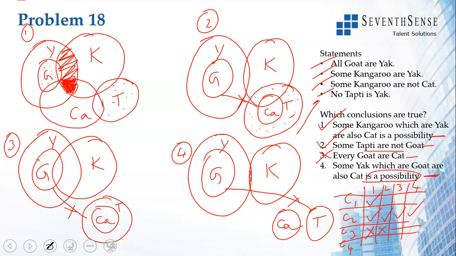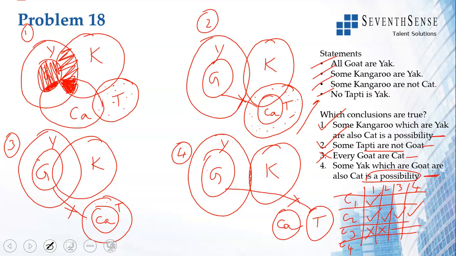Let us look at the fourth conclusion. Some yak which are goat are also cat. So the area where yak and goat overlap, is it also cat? If you see some yak which are also goat, this is this area. Some yak which are goat are also cat. So if you see this shaded area, these are yak, goat and cat. So that's what it's saying.